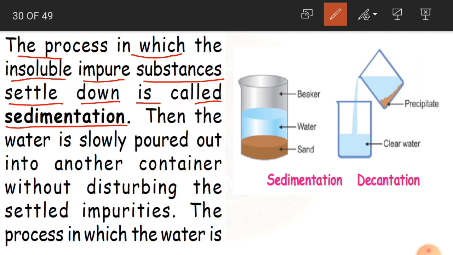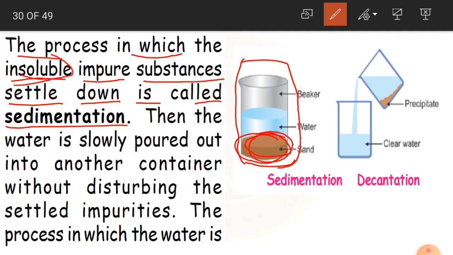It is a container filled with water and we have not disturbed it. We didn't move it. We kept it aside for some time. Then what happened? You can see all the sand is settled down at the bottom of the container, and this sand is insoluble, children.